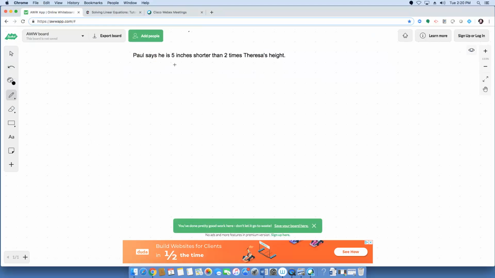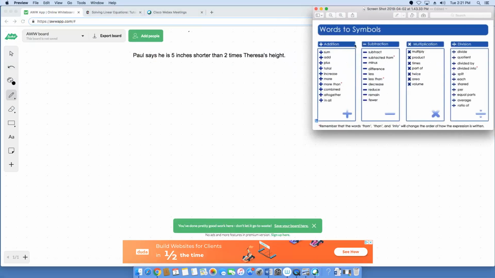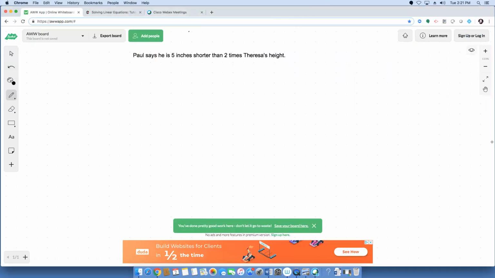Paul says he is 5 inches shorter than 2 times Teresa's height. Now, it's a lot of numbers and math in one itty bitty sentence, but if we break it down with what we know, it really isn't that difficult. So let me bring over this word symbols chart, which I think is going to be very helpful when you're doing this.